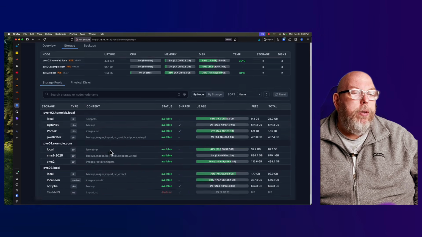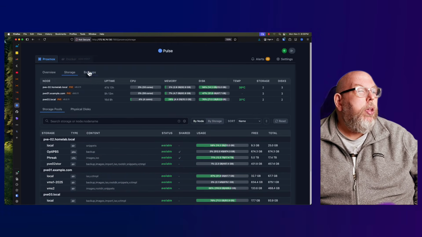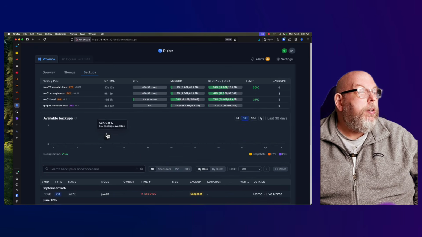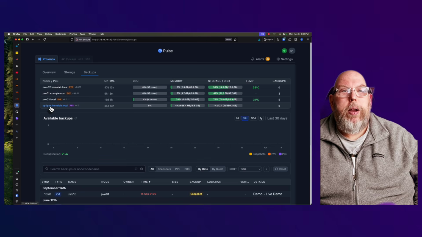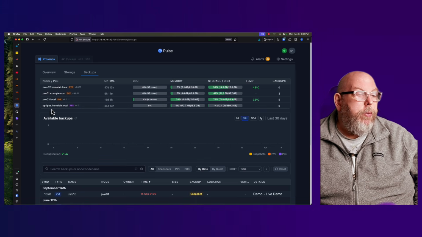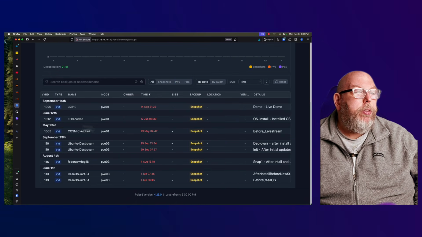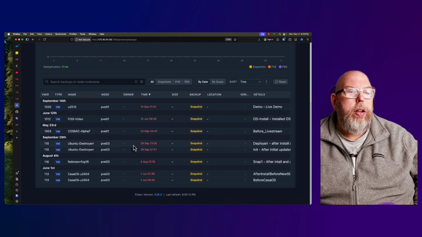It gives you information about storage, and it gives you information about backups. If you notice here, you can also have Proxmox Backup Server integrated with this and be able to see the status on some of the snapshots and other backups.